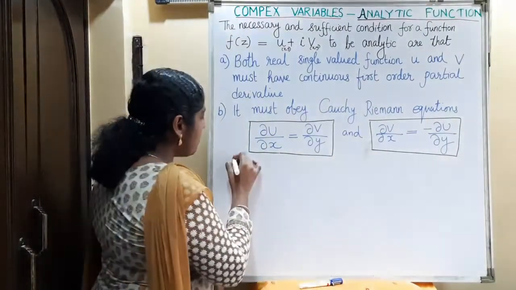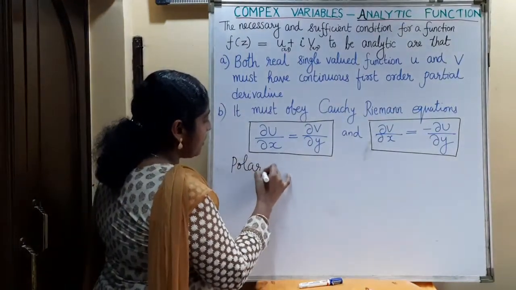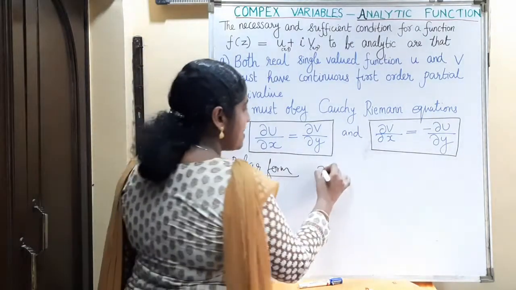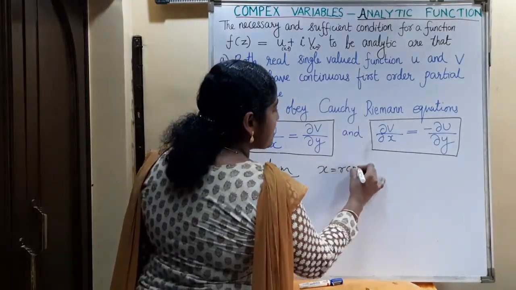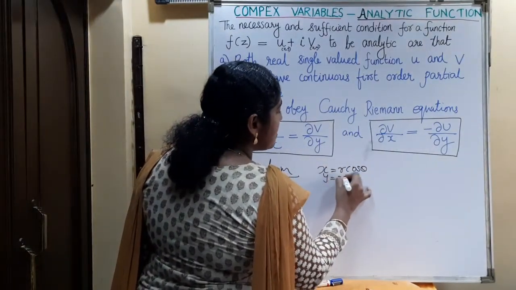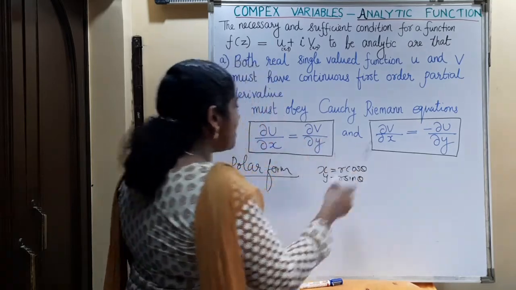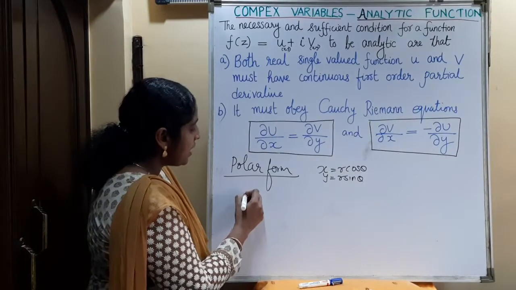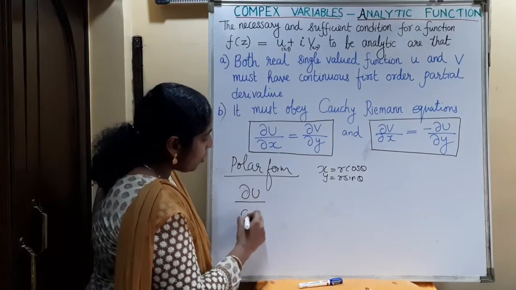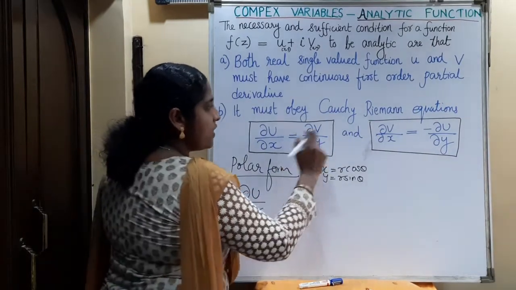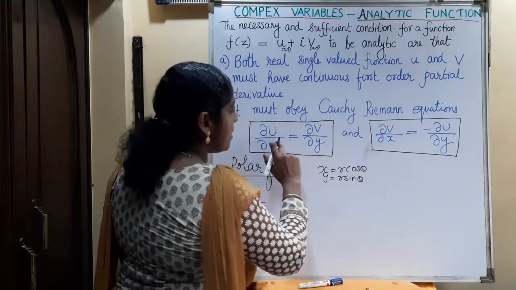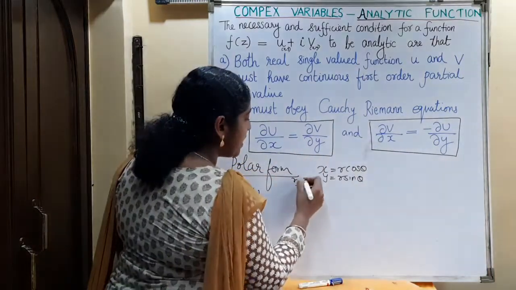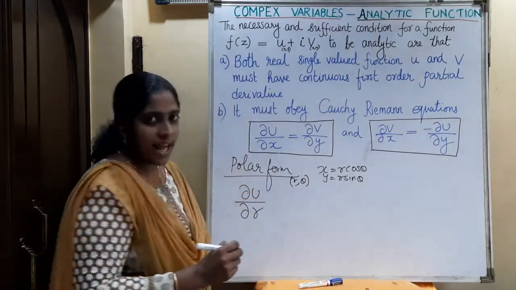If we consider the polar form, what will the Cauchy Riemann equations be? We use x equal to r cos theta, y equal to r sin theta and substitute; I am not going into the derivation. Here the function is f of z equal to u plus iv, where u and v are functions of x and y. In polar form, we take two independent variables, r and theta.